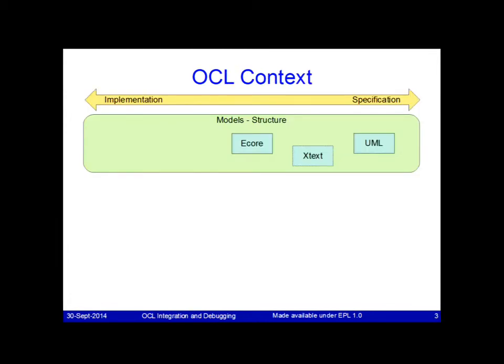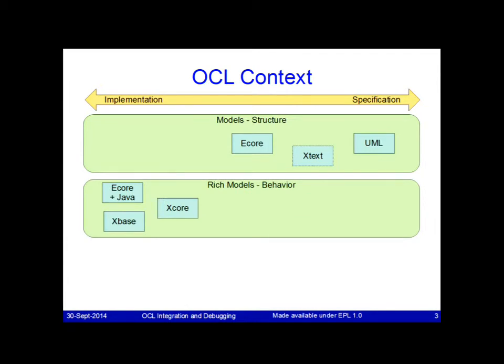So the general context for OCL is we're keen on the specification world as opposed to the implementation world, and obviously we all like models, and ECore is a fairly good specification stroke implementation language. UML's more specification. Xtext is actually a specification. But better than models are rich models. And so in the implementation world, you've got XBase and ECore plus Java and such like, making things better.